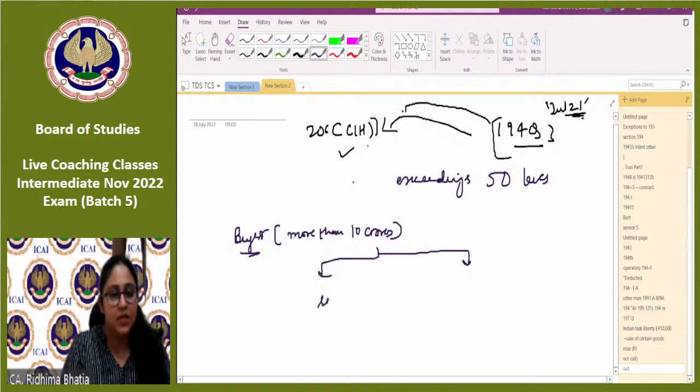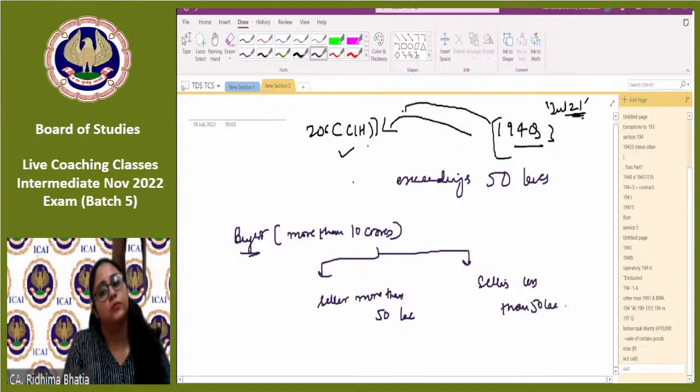कि अगर आपका सेलर के साथ more than 50 lakhs का पेमेंट है या नहीं है. अगर सेलर के साथ more than 50 lakhs का पेमेंट है, then you have to deduct TDS under section 194Q. बट अगर आपका सेलर के साथ 50 lakh का पेमेंट नहीं है, तो no TDS and obviously you will not be collecting TCS also because you are not the seller.